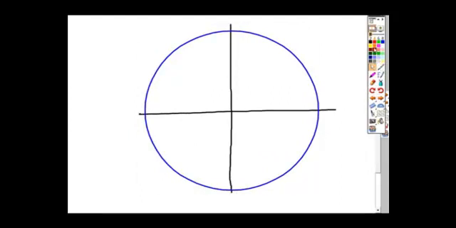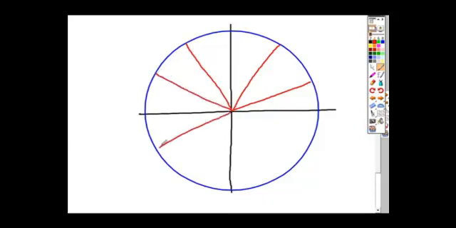Remember, in the unit circle, the angles that you need to be aware of are 30 degrees, 60, 90, 120, 150, 180, 210, 240, 270, 300, 330, and 360.